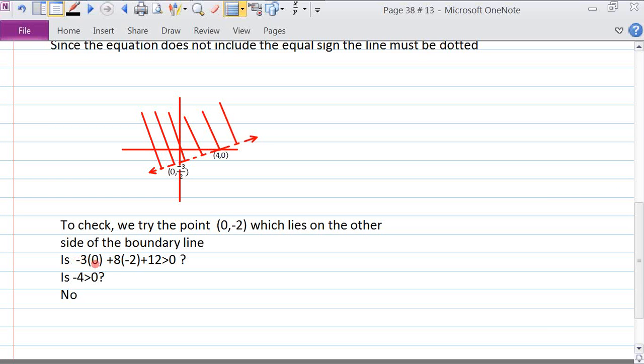So -3x, and x is 0, plus 8y, y is -2, plus 12. Is that greater than 0? So here we get 0, here we get -16 plus 12, so we have -4. Is -4 greater than 0? No, -4 is less than 0. So using the point 0, -2 doesn't work, which is what we would expect. It did work with 0, 0 on this side of the line, so if we choose something on the other side of the line, which we did, 0, -2, it should not work.